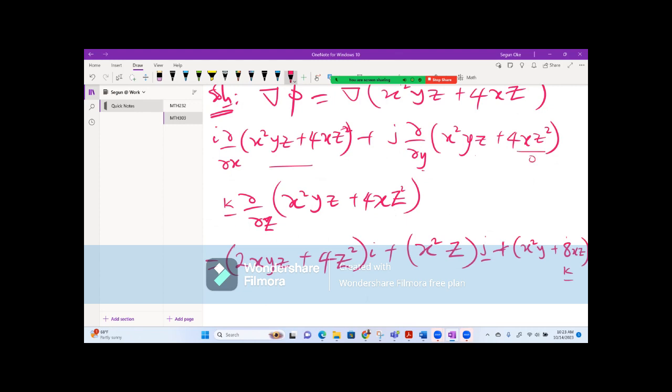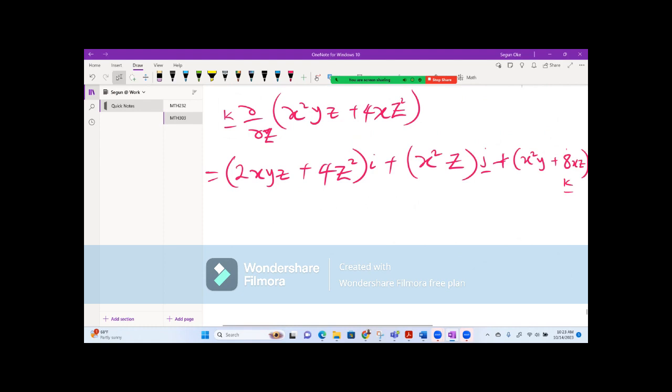There's no y here. Everything here turns to 0, right? Do you agree with me? I understand now, because when you differentiate y, you have 1. 1 multiplied by x squared will give you x squared. 1 multiplied by z will give you z. That's what we did. Okay. Thank you, sir. You're welcome.